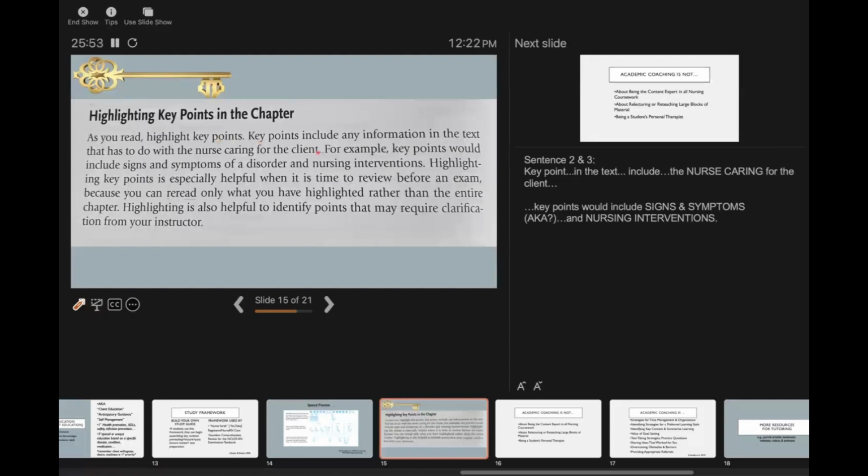Nursing care was also synonymous with implementation and interventions, right? So this just shows you this is why people get confused. And then it goes on to say key points would include signs and symptoms of a disorder and nursing interventions. And what did we say signs and symptoms pointed to?